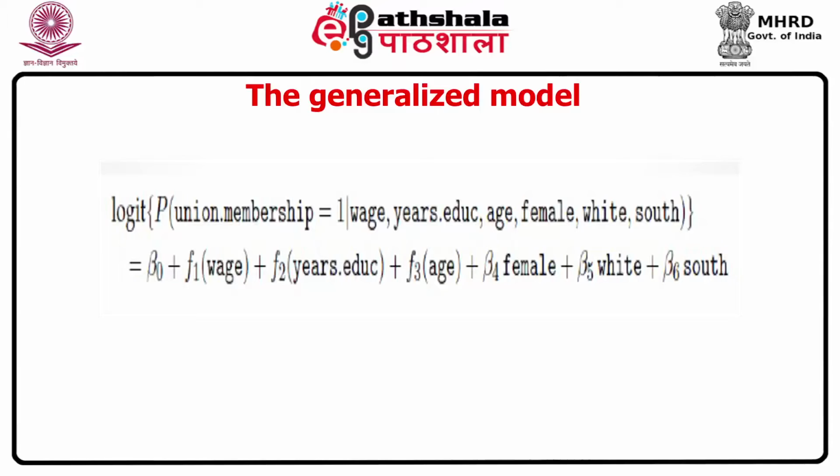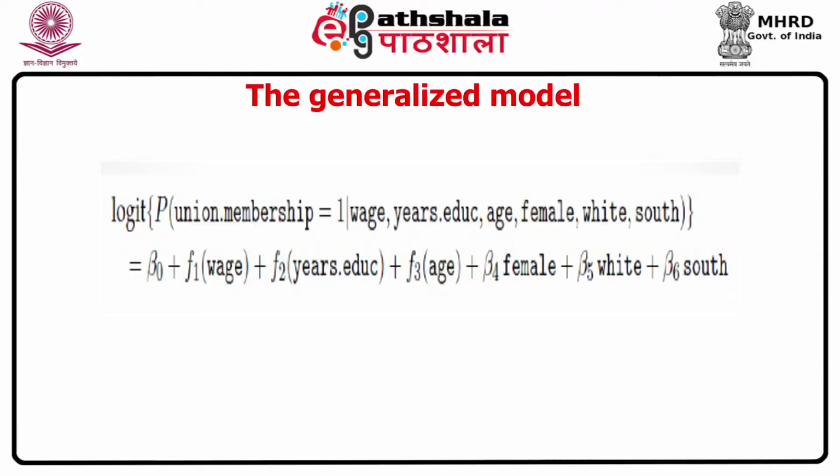However, for the first three covariates, wage, years of education, and age, which are continuous, I do not have the usual coefficient into covariate. Instead, I have replaced these by F1 of wage plus F2 of years of education plus F3 of age. The functions F1, F2, F3 are not assumed to have any particular form, they're only assumed to be smooth.